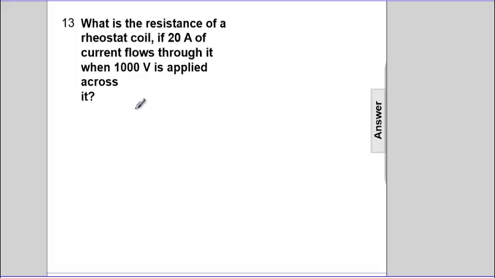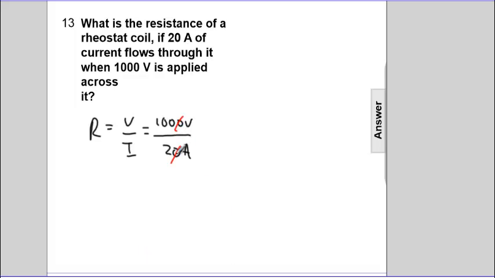And what should be the last resistance problem, given R is still V over I? We end up with 1000 volts applied across 20 amps. 1000 divided by 20. Oh, let's just do a little cancellation.